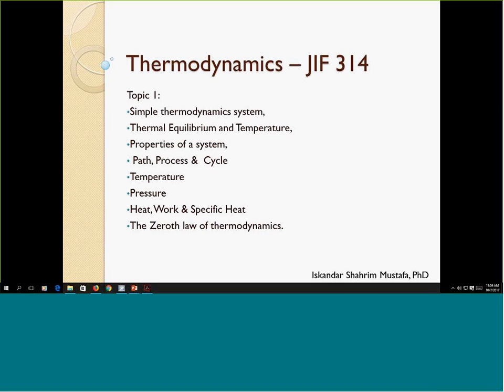Don't be scared of thermodynamics. Basically, for this topic we are not going to encounter a lot of calculations, just a few equations here.